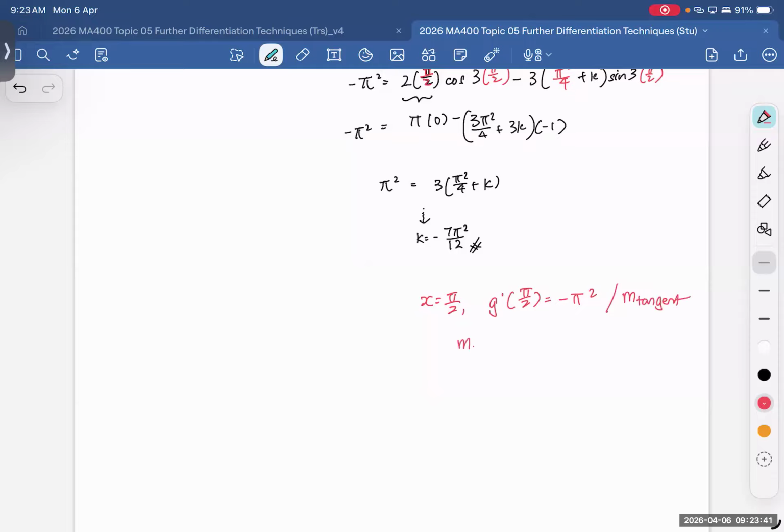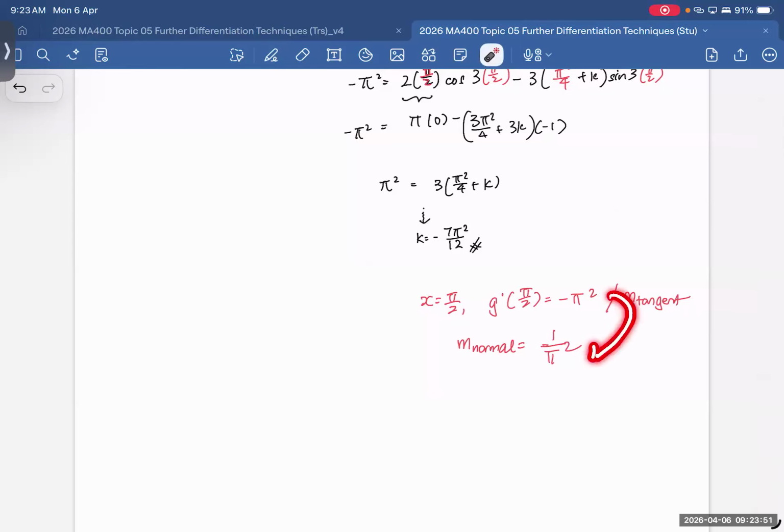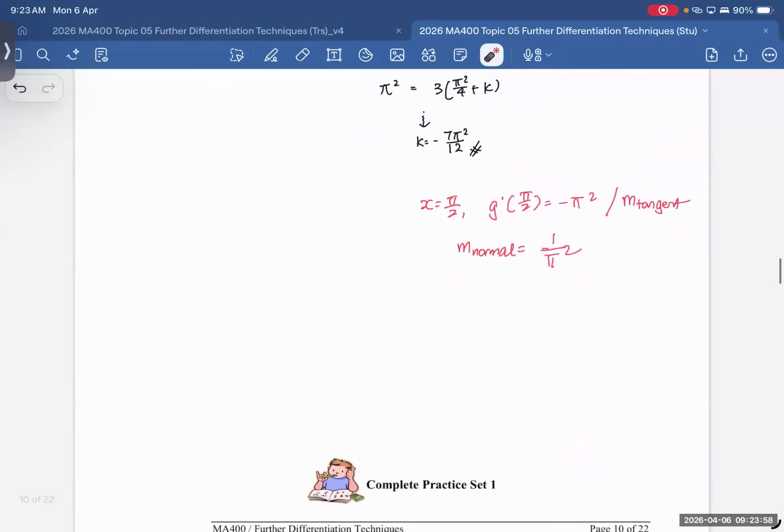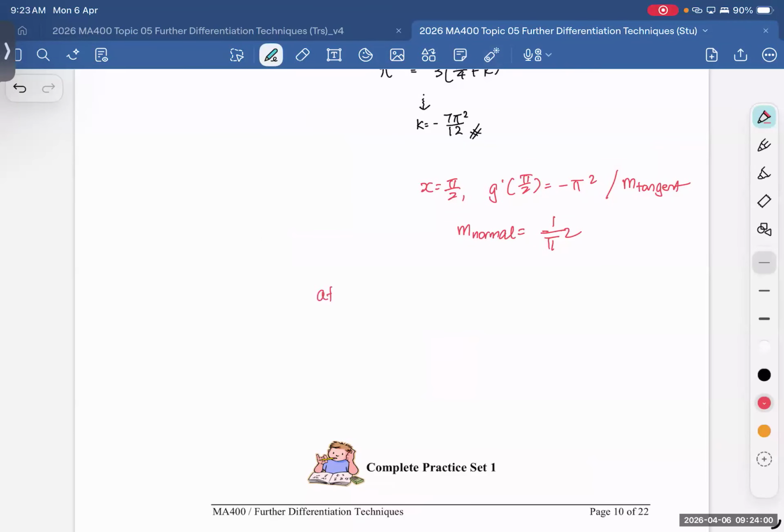So what's the gradient of the normal? The gradient of the normal is none other than 1 over pi squared. I just need to take a negative reciprocal. After that, y minus y1 equals gradient times x minus x1. And x equals to pi over 2, sub in, y should be equal to 0.